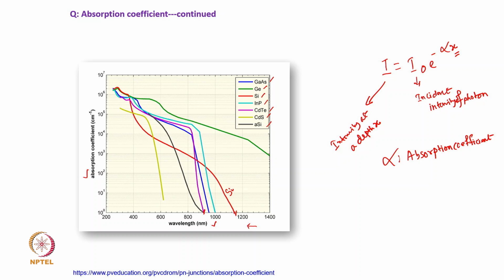Wavelengths longer than this particular value are all getting transmitted, and as soon as we approach the lower wavelength side they are getting absorbed, and you can see there is an enhancement in the absorption coefficient for CdTe, and this is true for all semiconductor materials.